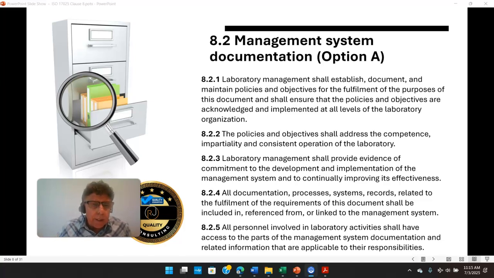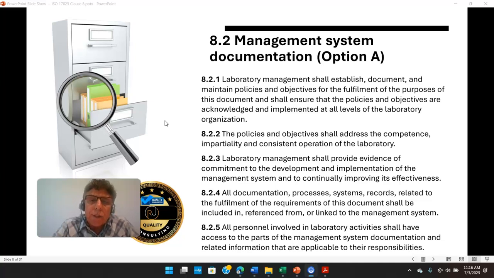And I'm going to repeat this probably more than you may want to hear, but anytime the standard refers to this document, it means the ISO IEC 17025 standard. So the laboratory management shall establish, document, and maintain policies and objectives for the fulfillment of the purpose of this document and shall ensure that the policies and objectives are acknowledged and implemented at all levels of the laboratory.